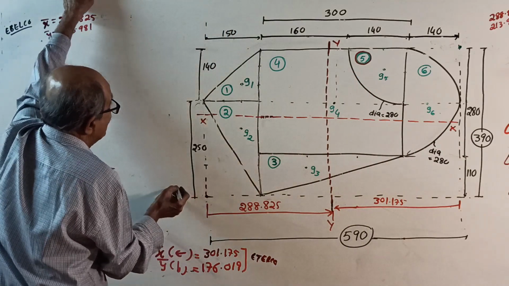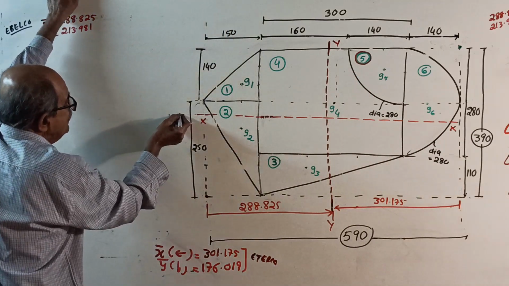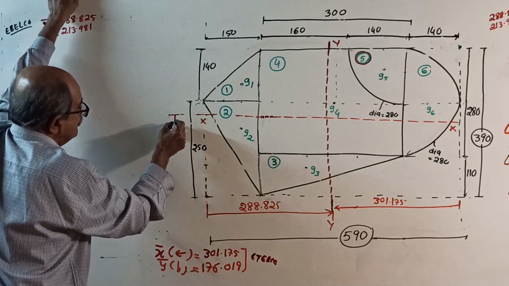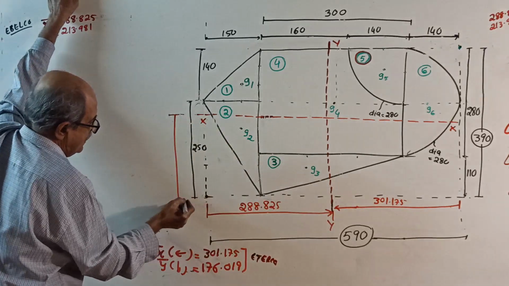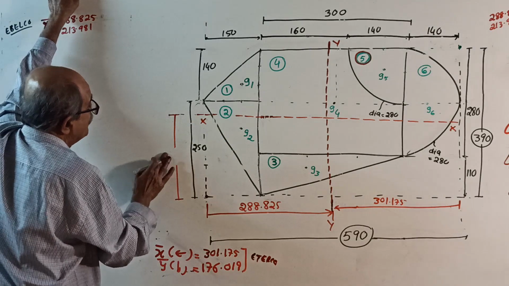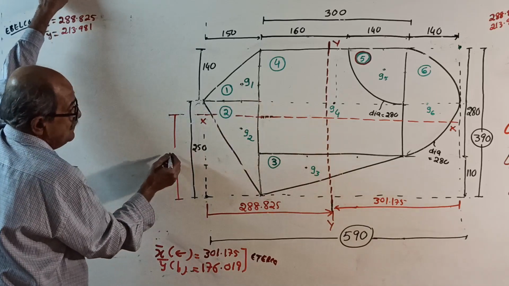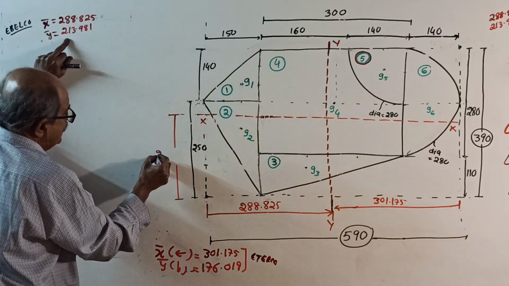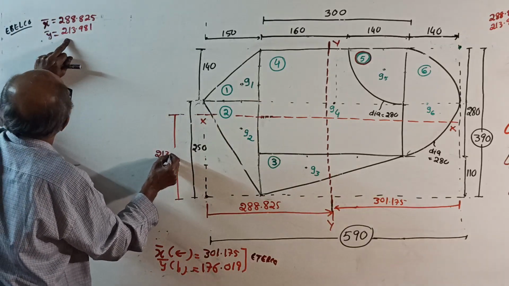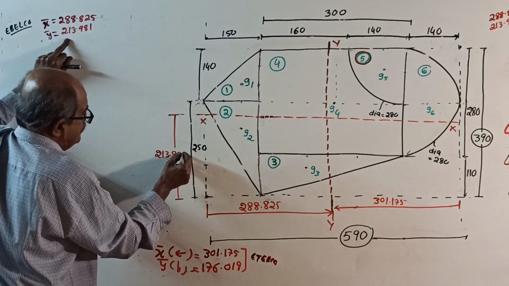Now, right here, without disturbing, see here. I'll round off because of space problem. See, this 250 is something else. It is from here to here. This distance is 213.981.